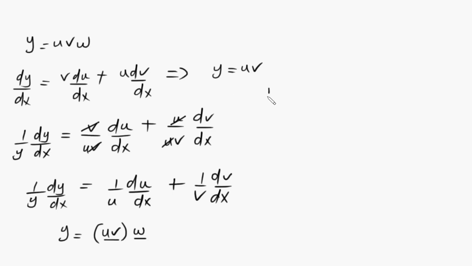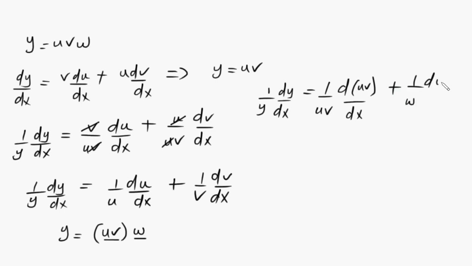So this means that it's 1 over y dy dx equals to, my u now is uv, so it's 1 over uv, this one is duv dx, plus my v now is w, so it's 1 over w dw dx, okay?